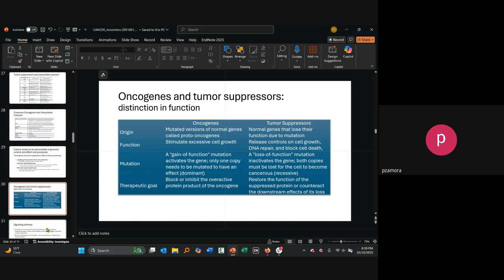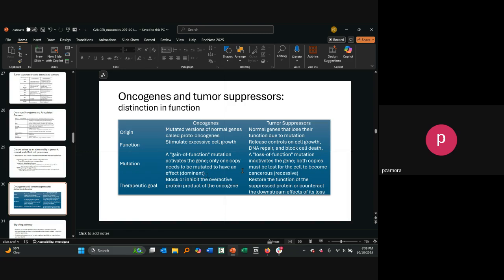Oncogenes and tumor suppressors have distinctive functions. And the oncogenes, again, stimulate excessive growth. They frequently have a gain of function mutation, where you have activation of the gene. And importantly, you frequently need only one copy of the gene to be mutated to have an effect. This means it's a dominant effect.